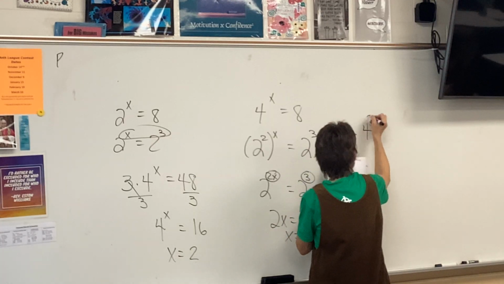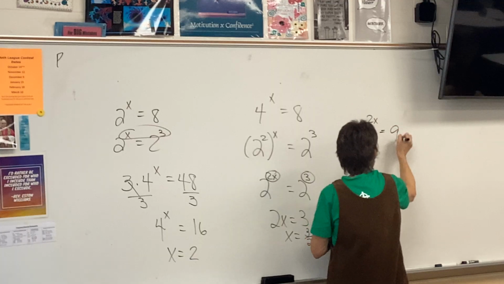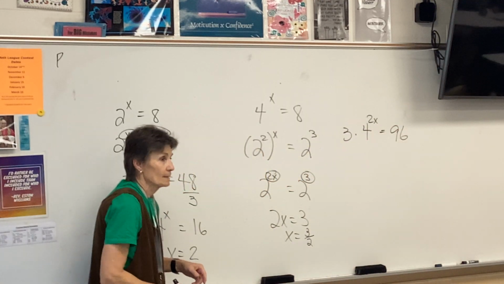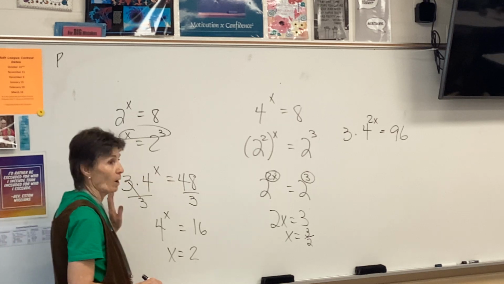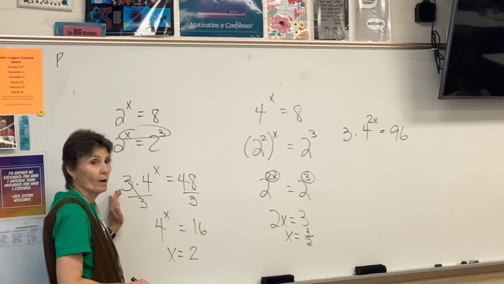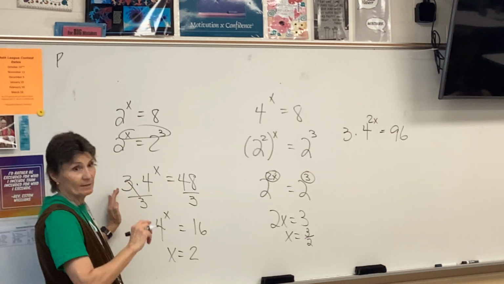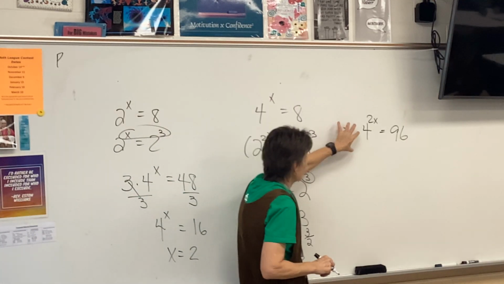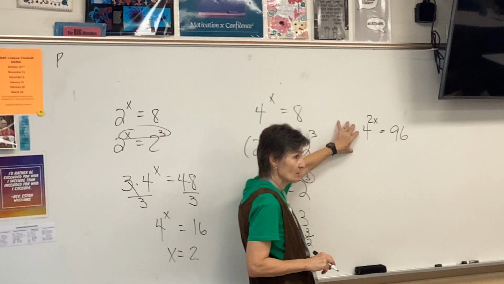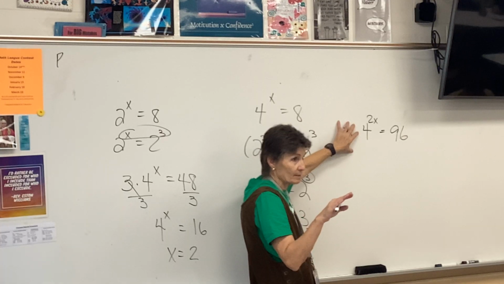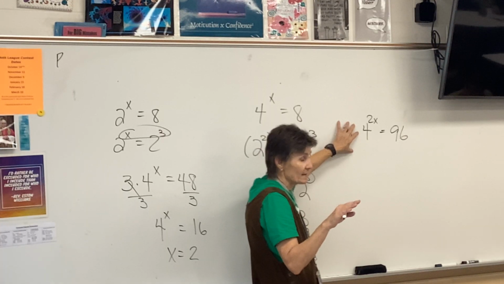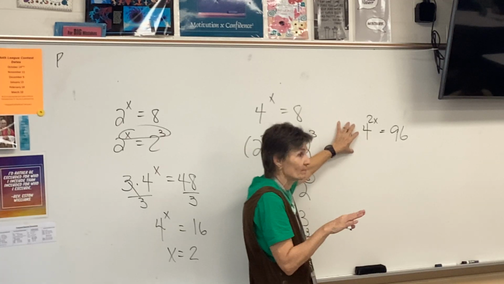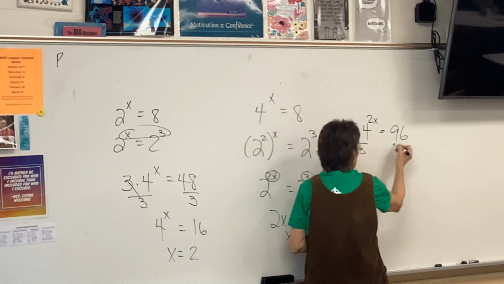Three times 4 to the 2x equals 96. Now take a clue from this one. What do we want to do first? Divide by 3. If there is a number out here, you want to get rid of it, always. Even when we go to our calculator, you're gonna want to get rid of this number. So I'm gonna divide by 3.